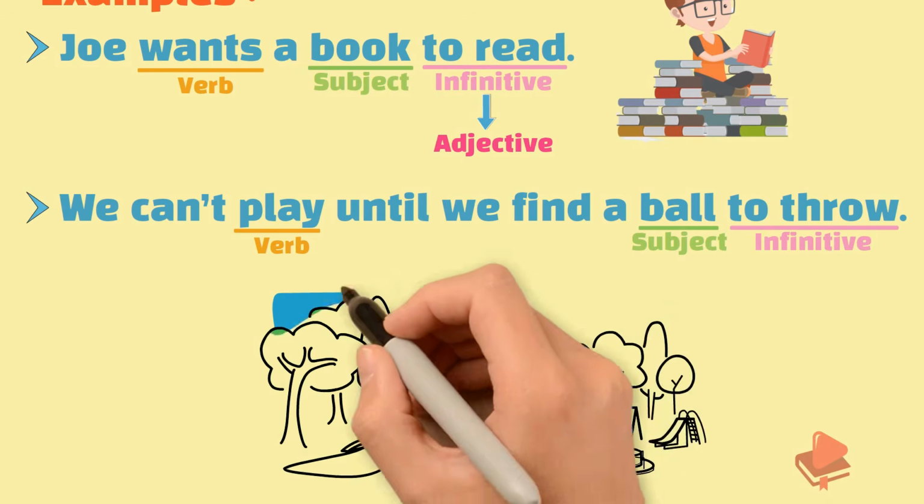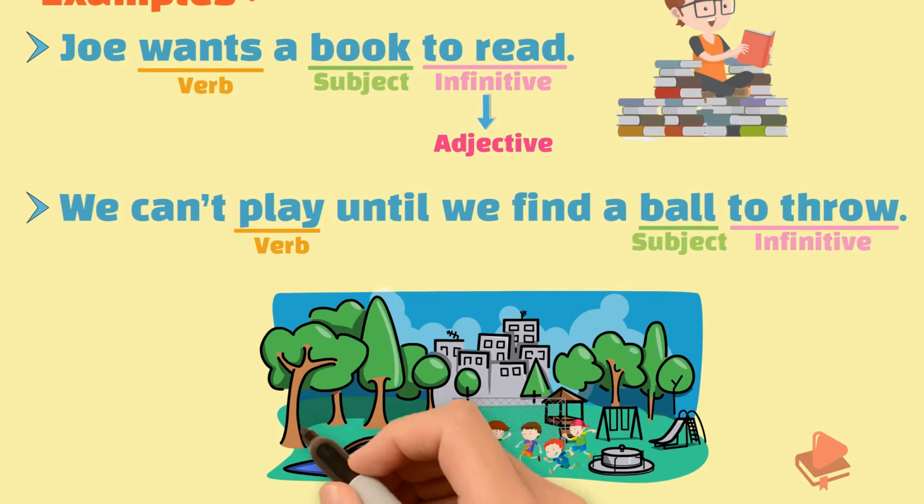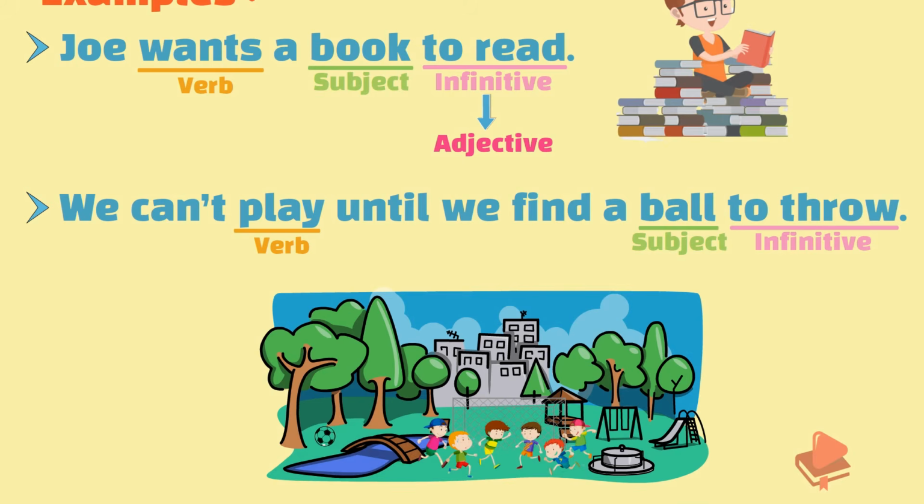We don't need just any ball, we need a ball to throw. So here the infinitive is used as an adjective. That means here a ball is a subject to throw and used to describe that object, so the throw is an adjective. Now we are clear about how infinitives are used as adjectives.